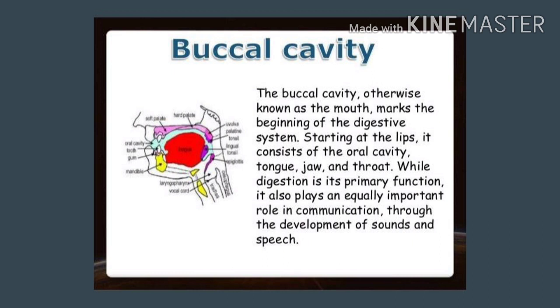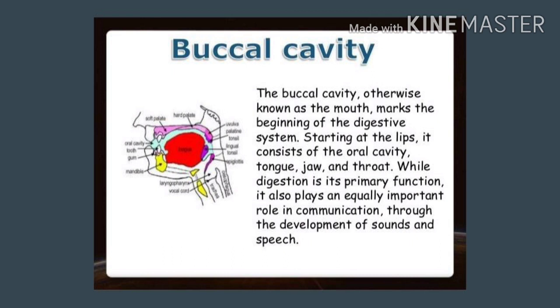It starts at your lips, the front opening portion of your mouth. It consists of the oral cavity. Now your oral cavity is the entire space inside your mouth. Then is your tongue. You all know what is your tongue, the strongest muscular organ.